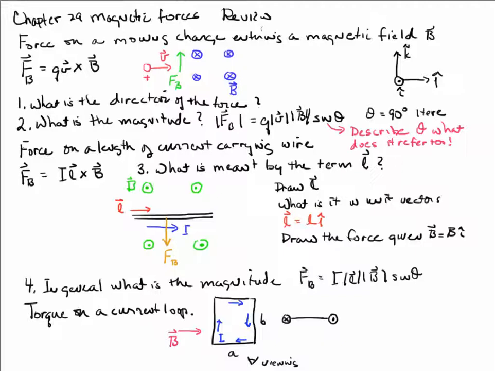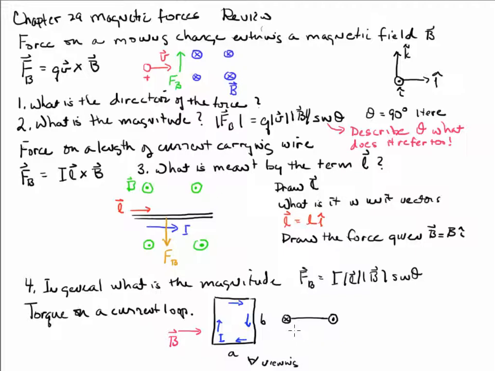We have the magnetic field going in the positive y direction, the current in the left-hand loop in the positive k, the current in the right-hand loop in the negative k. Now next to the loop I show another view, and the little diagram at the bottom which says viewing is meant to be an eye viewing the current loop from the bottom, and I show that in the next diagram.